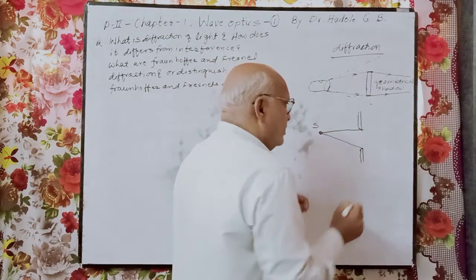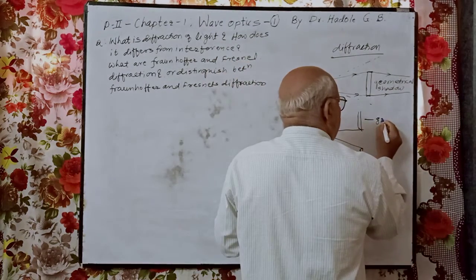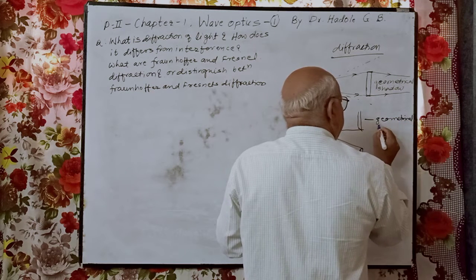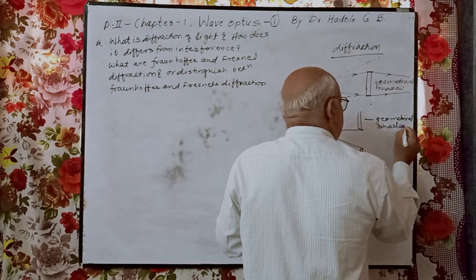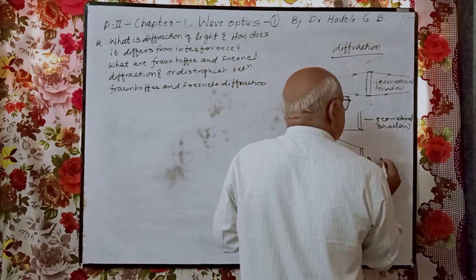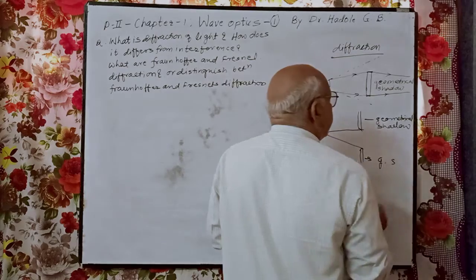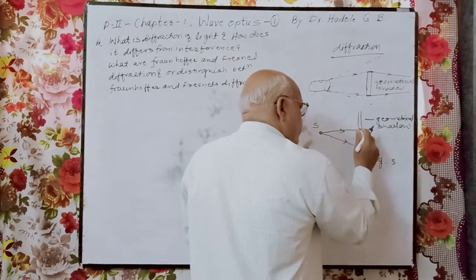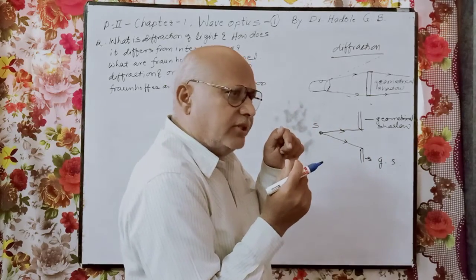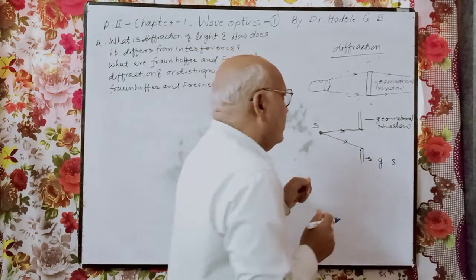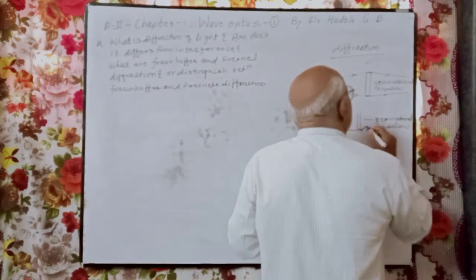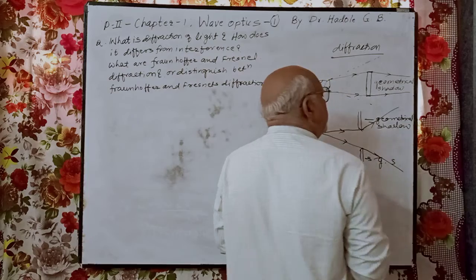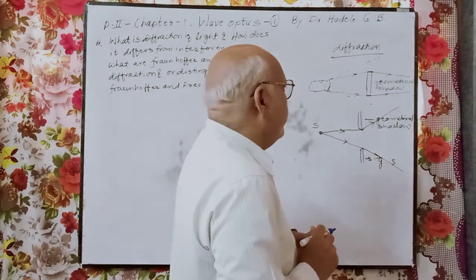What happens? Here it is geometrical shadow. Here it is geometrical shadow. These are light rays. After touching the slit or edges of the sharp object or obstacle, these light rays are going to bend, and there is an encroachment into the geometrical shadow.